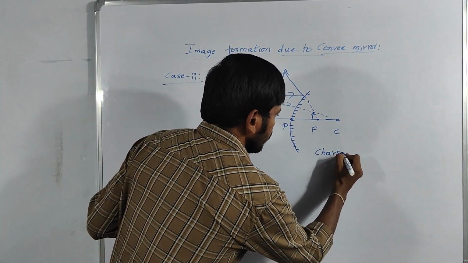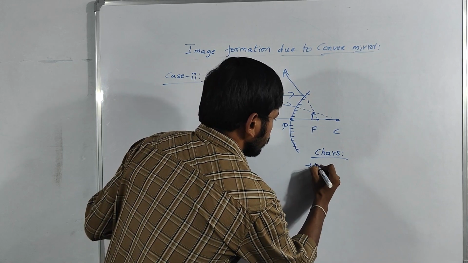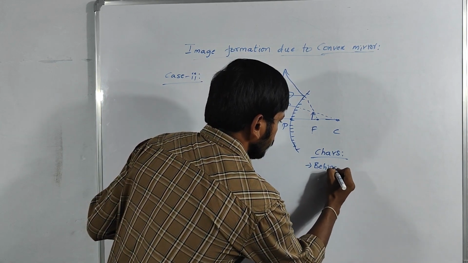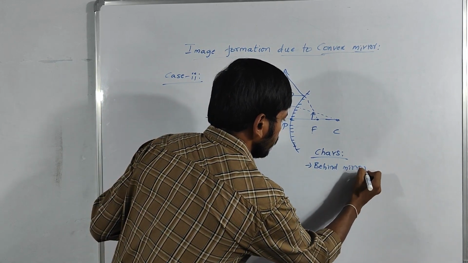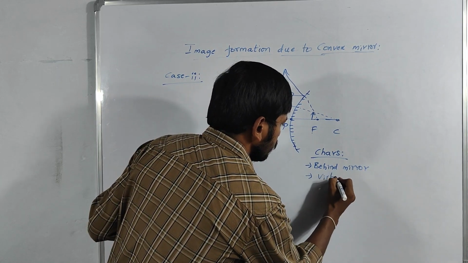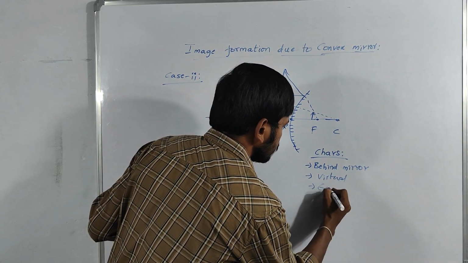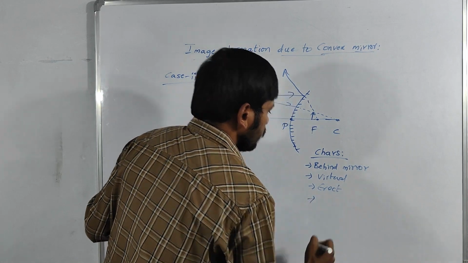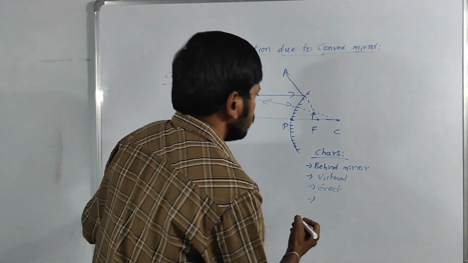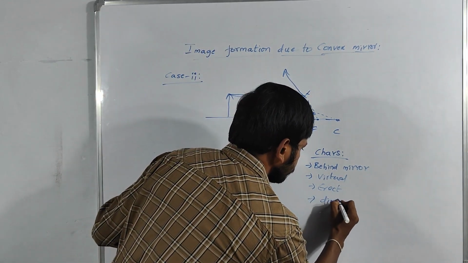So if we write the characteristics, first point, behind mirror. Second point, virtual and erect are friends. And the last point, how is the size of it? It is diminished.